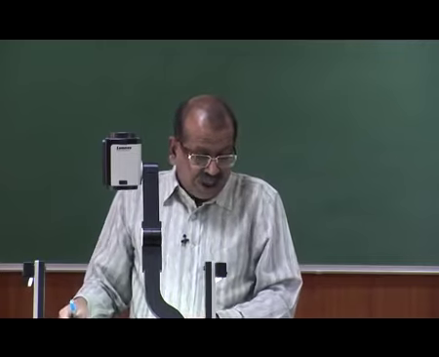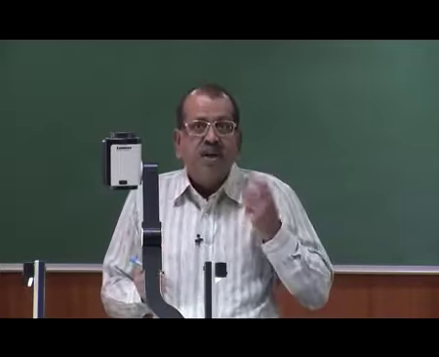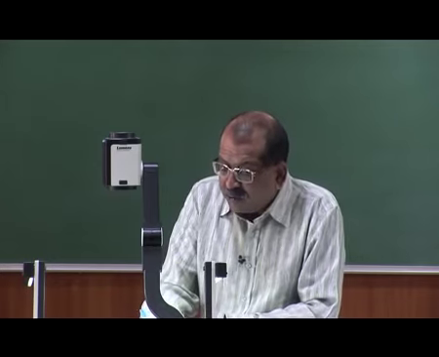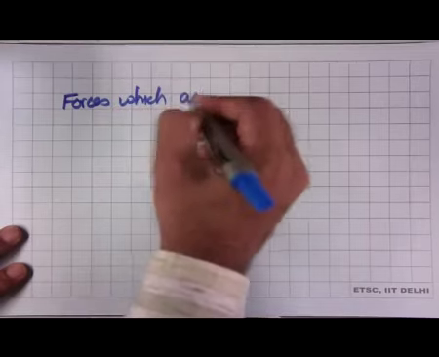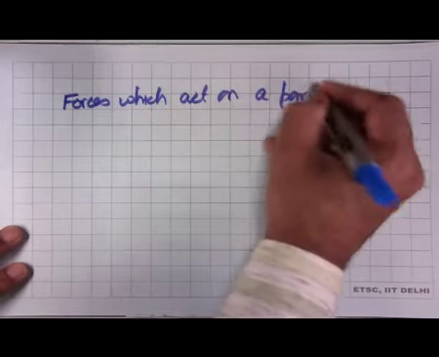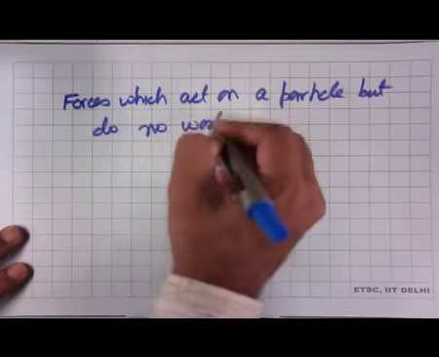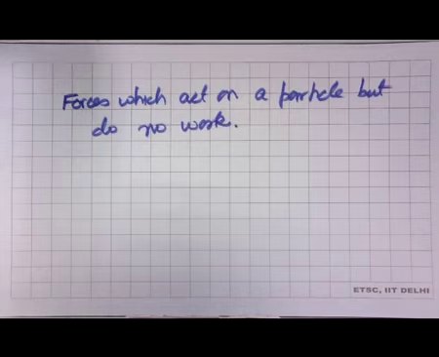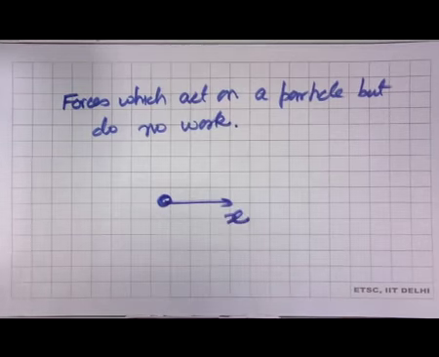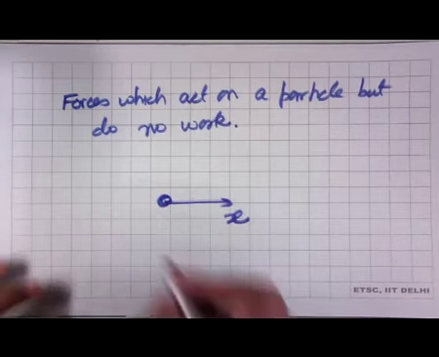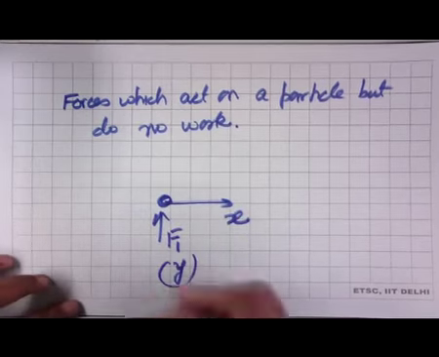Now, the advantage of this work kinetic energy formulation is that in a lot of problems there are forces which act on a particle but do no work. Now, how will this be possible? Suppose a particle is moving along the x direction, and we have a force F1 acting in the y direction.